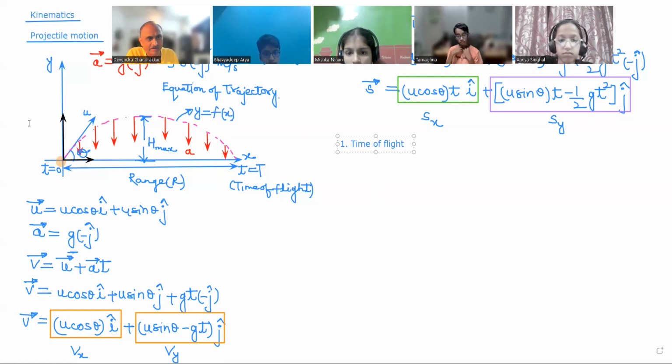So for time of flight, can I say that when the particle falls on the ground, which one of these four expressions, Vx, Vy, Sx, Sy, is having a specific value?